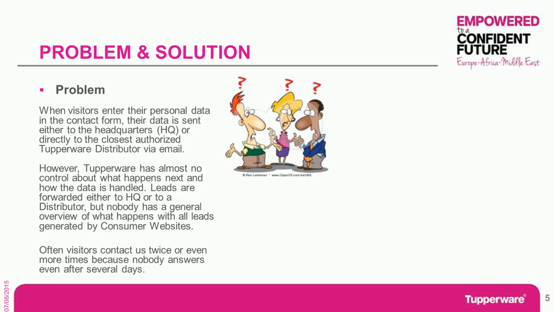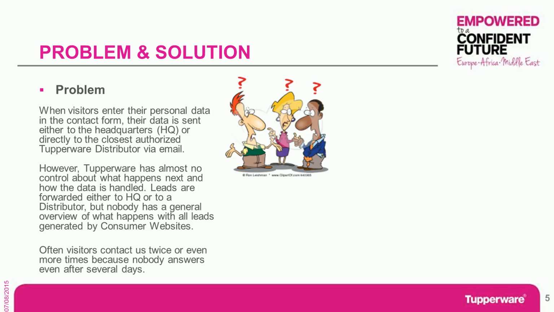But the problem is that we almost have no control of this data. We get a lot of data, but we don't have full control of it. We don't know what happens. We don't know if somebody is taking care of these leads, and we don't have precise statistics. So basically this is the problem.